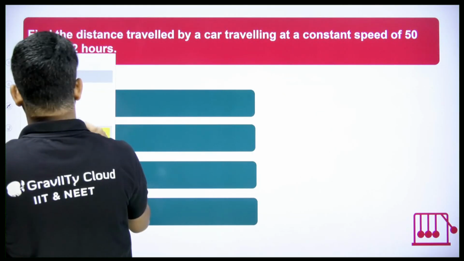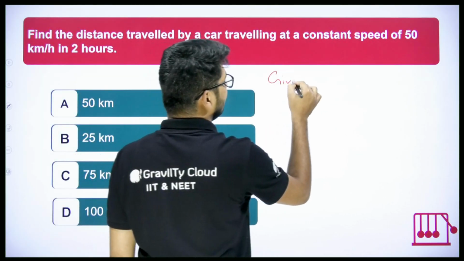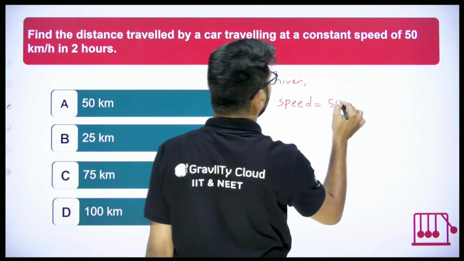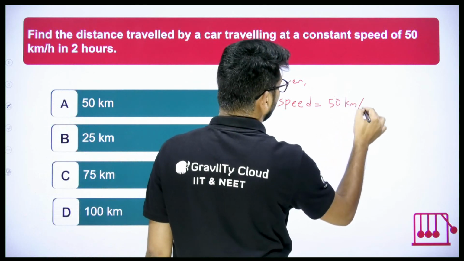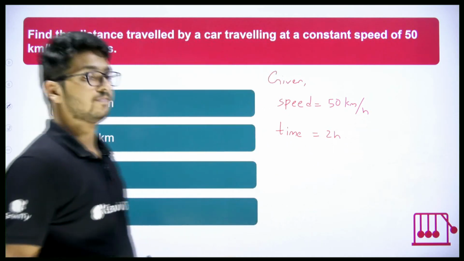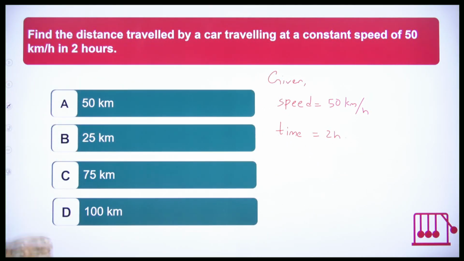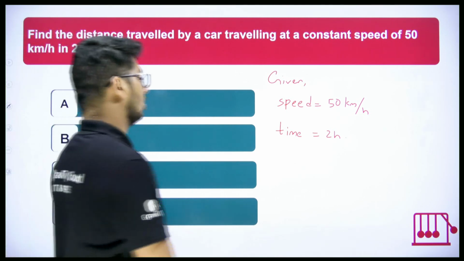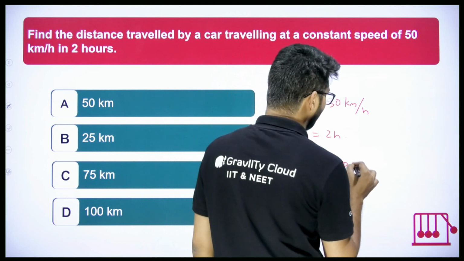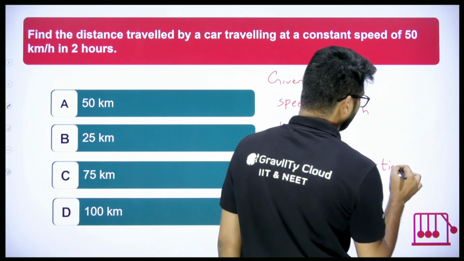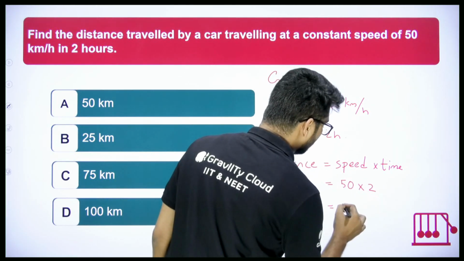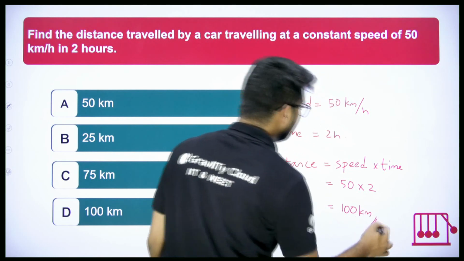Given information is speed is equal to 50 km per hour. Time is equal to 2 hours. And find out the distance traveled. How will you do it? Distance is equal to speed into time. Speed is 50, time is 2. We'll get it as 100 kilometers.